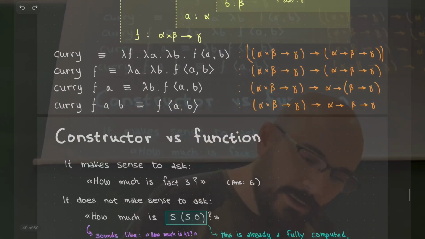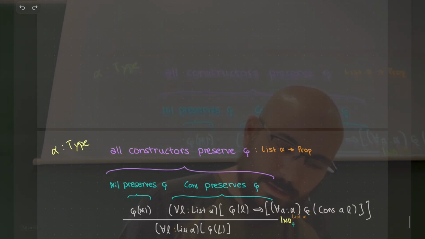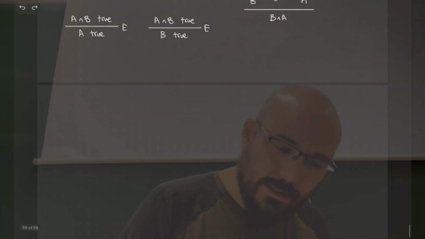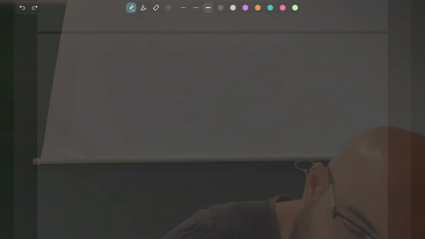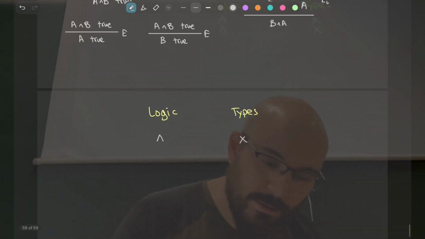So let me go back to logic now. We have our first realization: maybe I write something on the logic side, and then I have something on the types side. We're establishing that there is an intimate connection between conjunction and the product of types.